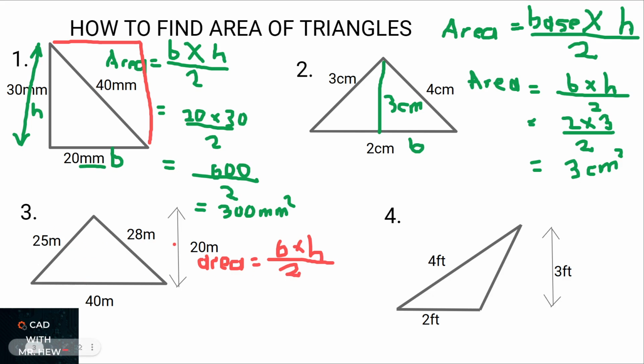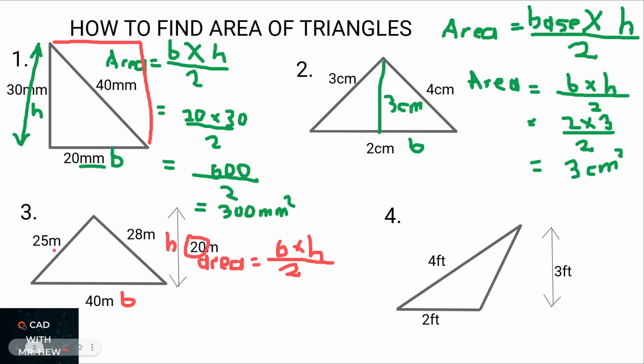What we're going to do is plug in the numbers here. The base is 40 meters, so this is the base, and the height is 20 meters. So this is h.